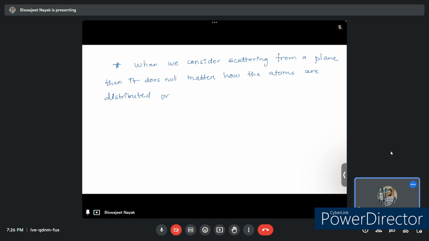When we consider scattering from a plane, it doesn't matter how the atoms are distributed on the two planes.